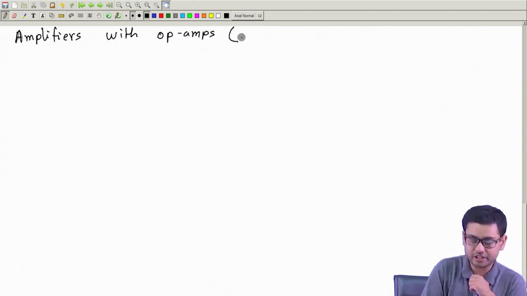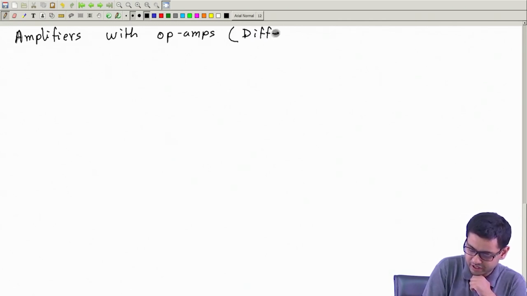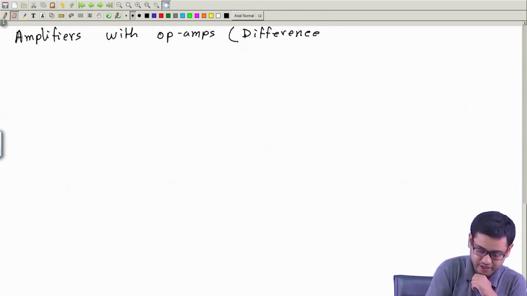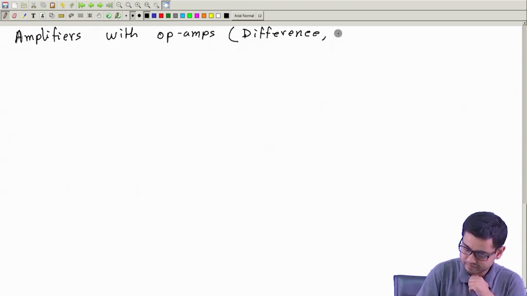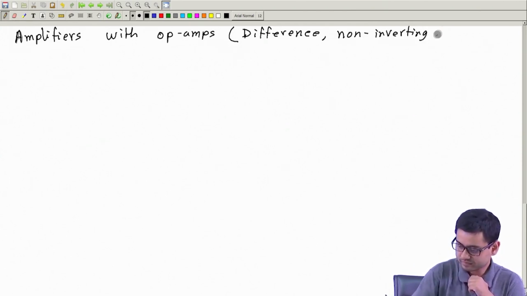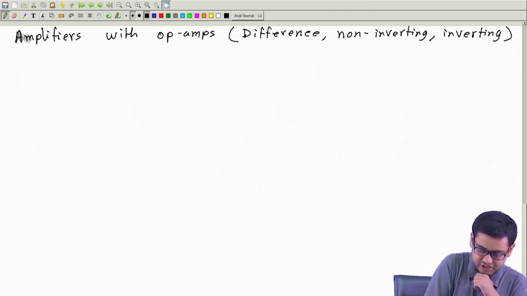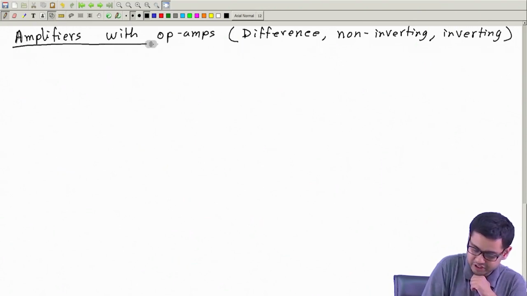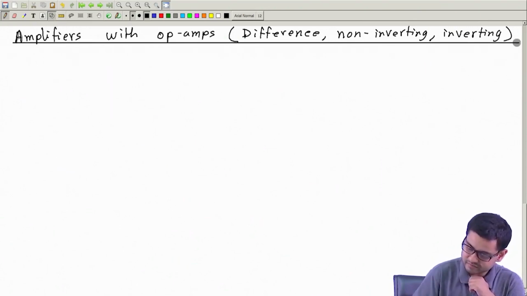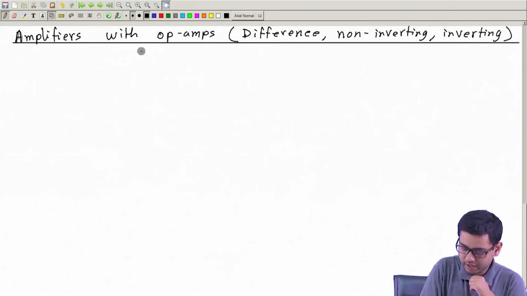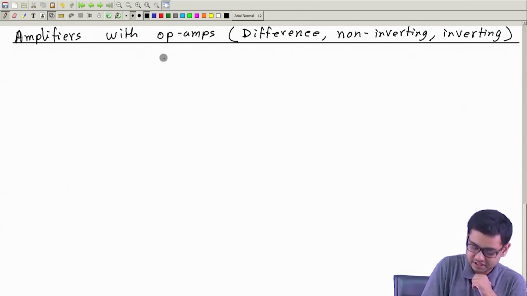We will see three of them, namely the difference amplifier, inverting amplifier, and non-inverting amplifier. So these are the three circuits that we will study. Let me first draw the circuits.